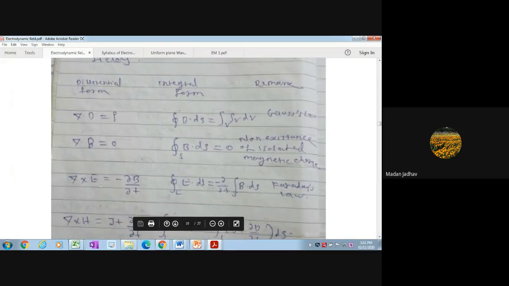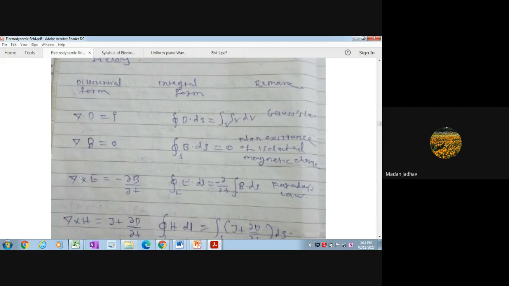The next equation which we have obtained is the curl of E is equal to minus dB by dt. Here del is the differential operator, and the cross indicates the curl.